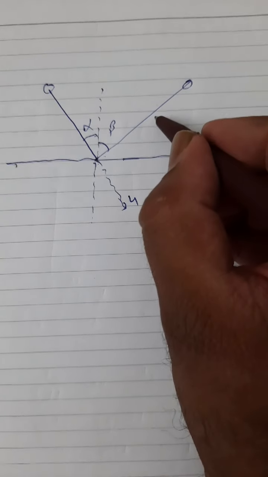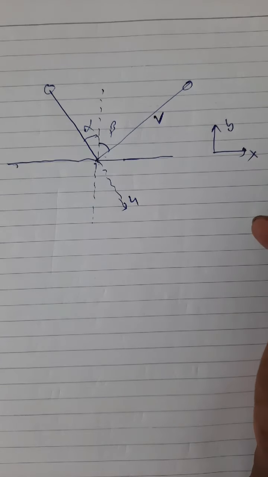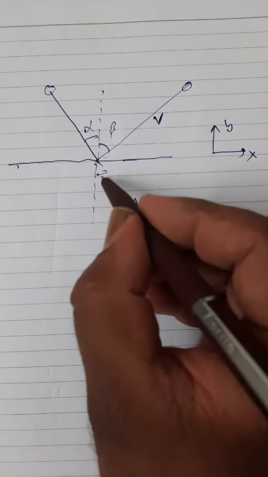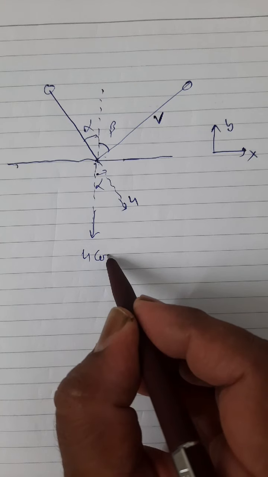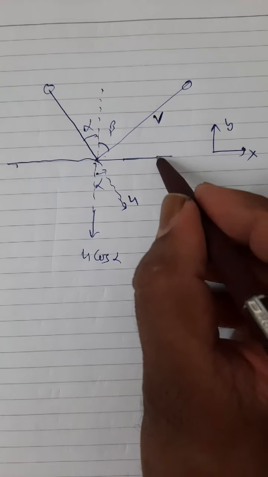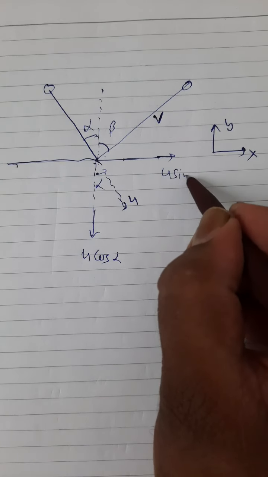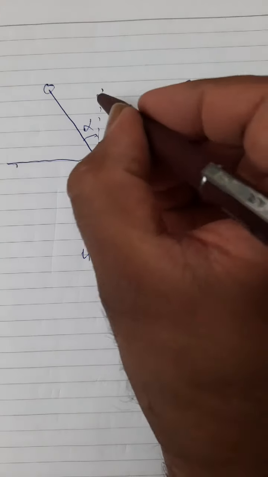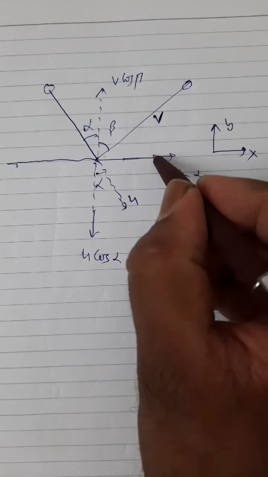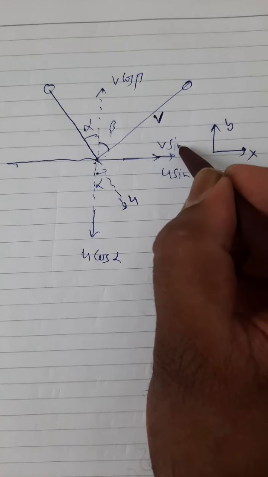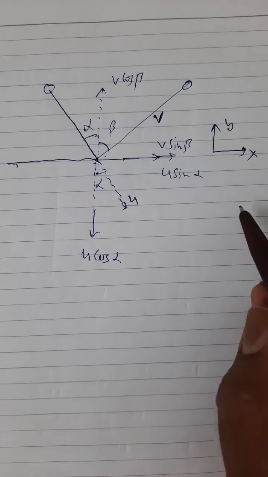Now I'm going with velocity v. Got it? Alpha, this is also alpha, this is u cos alpha, this is u sin alpha, right? Now this is v cos beta, and this is v sin beta.